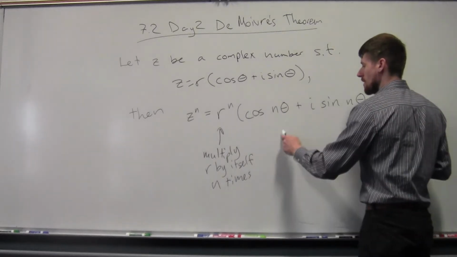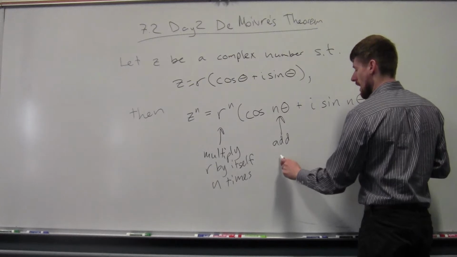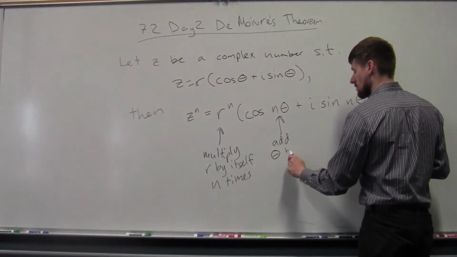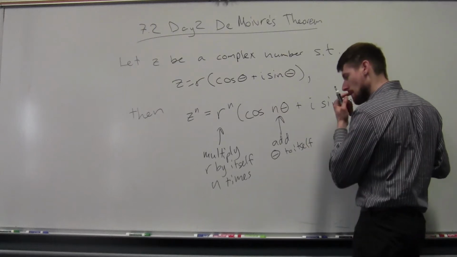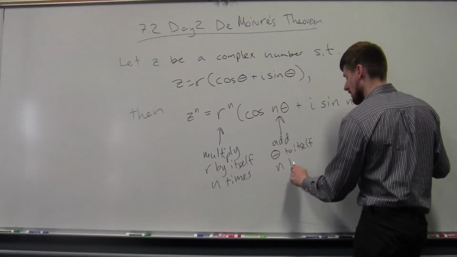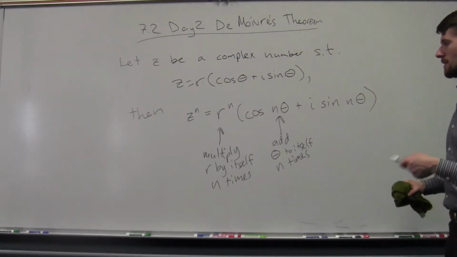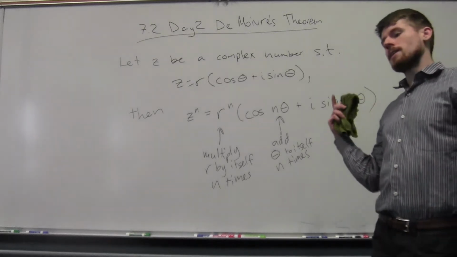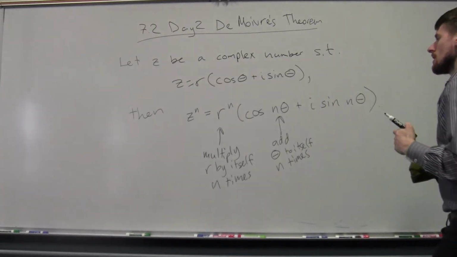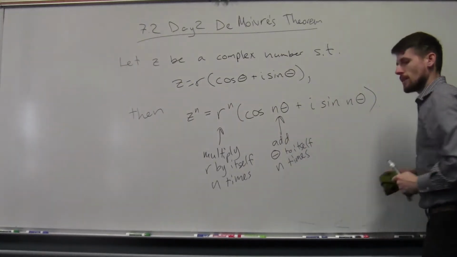And then for this one, we're really just doing repeated addition. Add theta to itself n times. We're adding theta, and theta, and theta, and theta. And this part comes from the fact that when you multiply two complex numbers together, you multiply their r's and you add their angles.